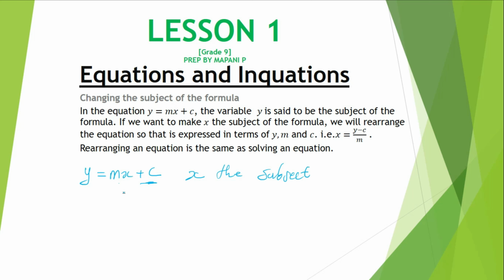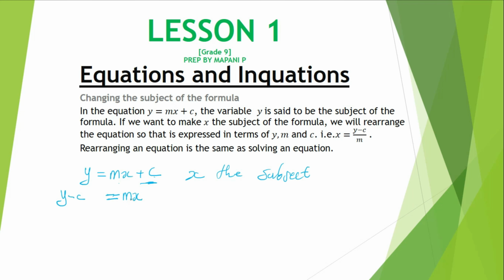What we're doing here is just subtracting c from both sides. So we're going to have y minus c is equal to mx. Because we are subtracting this, we're left with just mx on the other side, and we have y minus c is equal to mx.